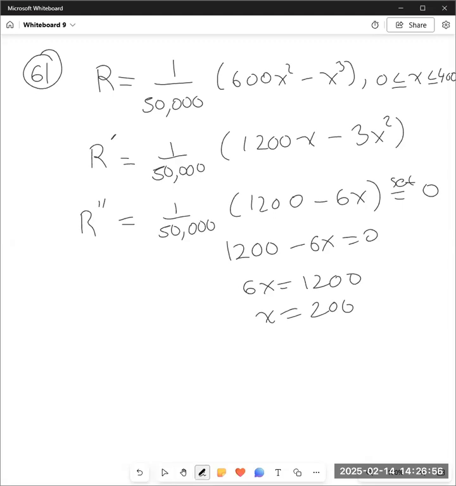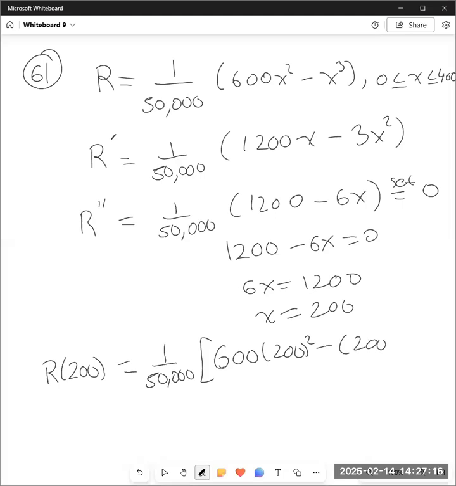So when we stick 200 into our revenue equation, we get 600 times 200 squared minus 200 cubed, all over 50,000.